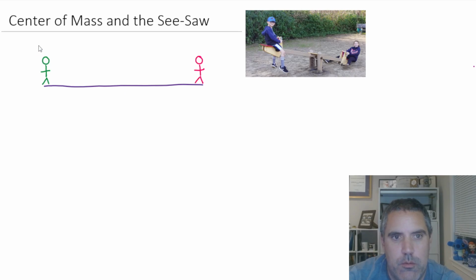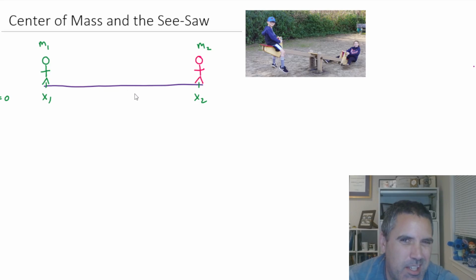So imagine you have two people standing on this seesaw with two different masses. Let's assume somewhere over here we call this x equals 0, and we'll call this x1 and this x2, their coordinates. So the question is, where would you put the balance point, assuming they're not the same masses?